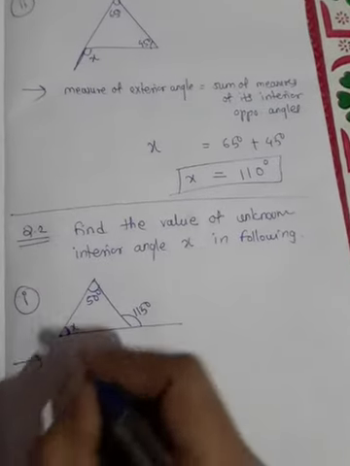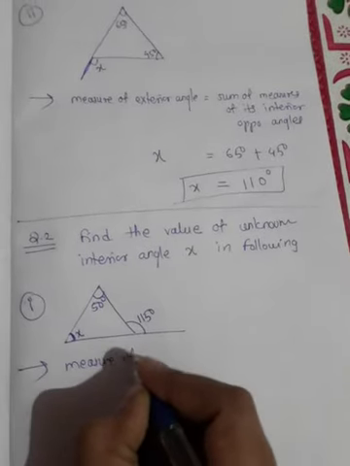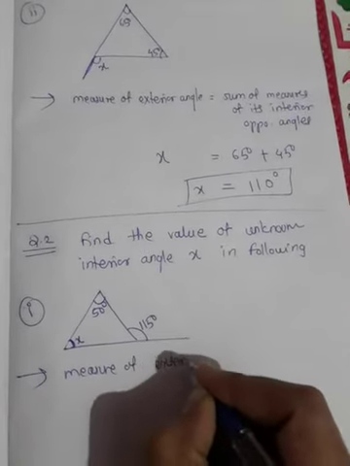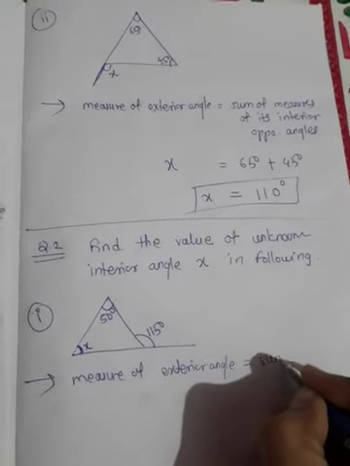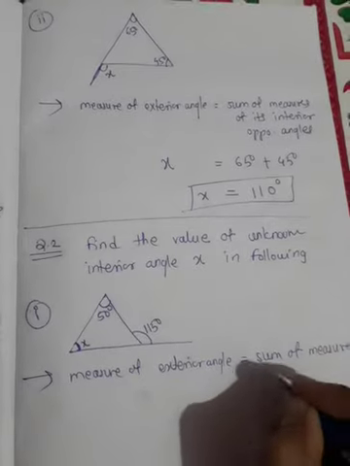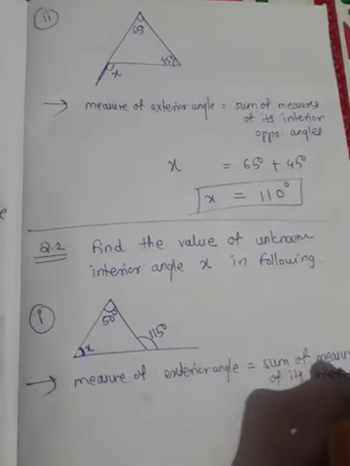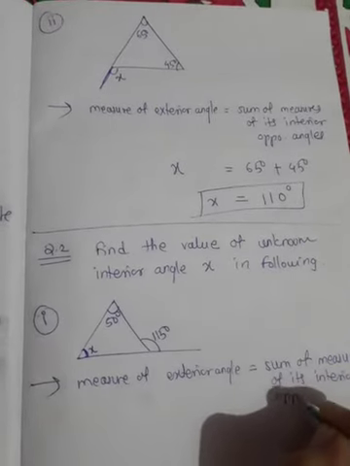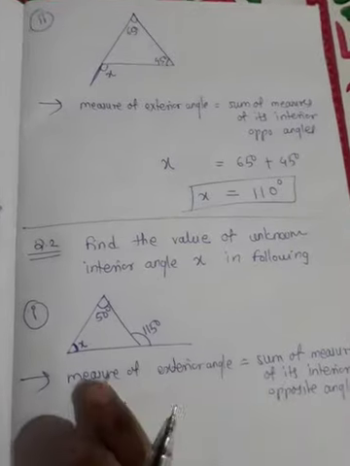Here also we use this property: measure of exterior angle is equal to sum of measures of its interior opposite angles.